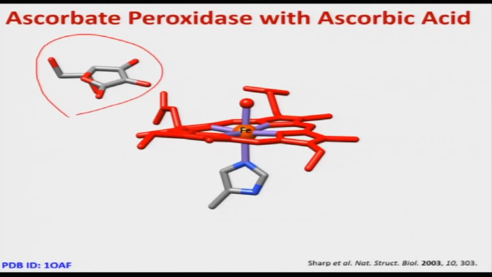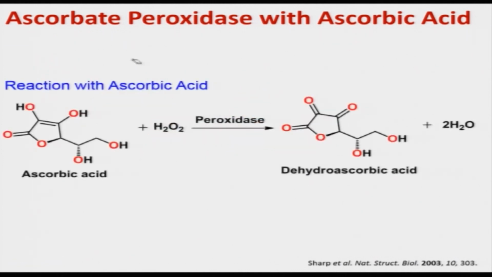It is used as a substrate, and this is the reaction: in the presence of peroxidase enzyme and with the help of hydrogen peroxide, ascorbic acid is oxidized to dehydroascorbic acid, as one can see the 2 OH groups getting oxidized to CO groups.